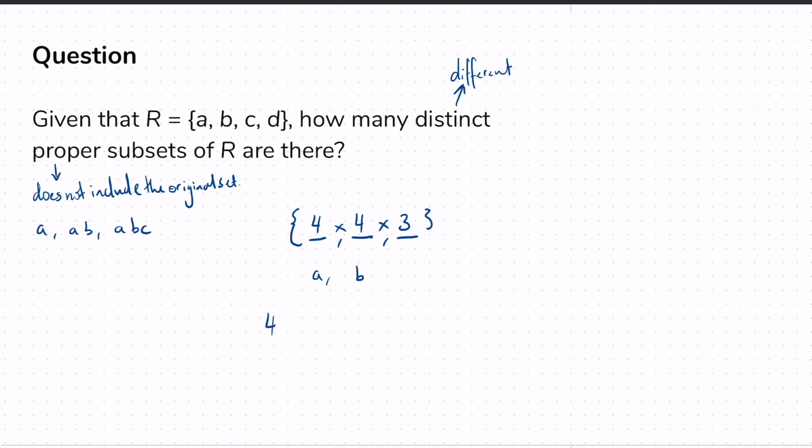So 4 times 4 is 16, times 3 is equal to 48. So how many distinct proper subsets of R are there? Without having to count them all, and you can see we're probably going to miss 1 or 2, I know that there are 48 distinct proper subsets.